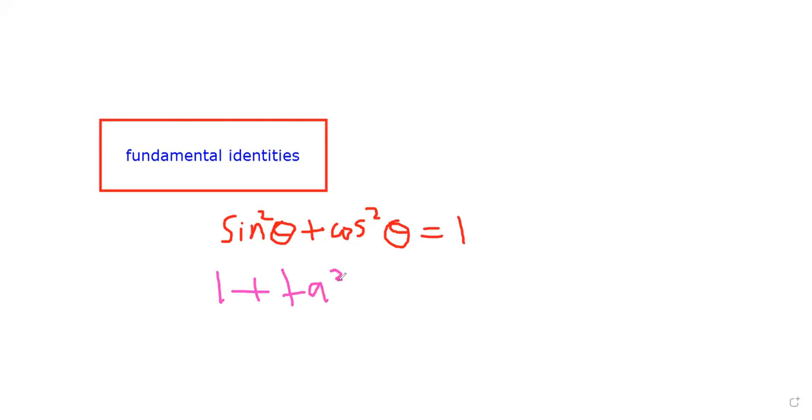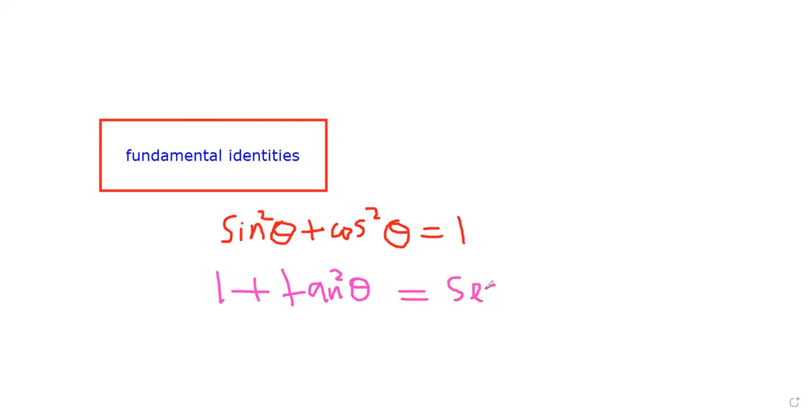If I write some of the fundamental identities, the first is sine square theta plus cos square theta will be equal to 1. Similarly, the second fundamental identity will be 1 plus tan square theta equal to secant square theta.